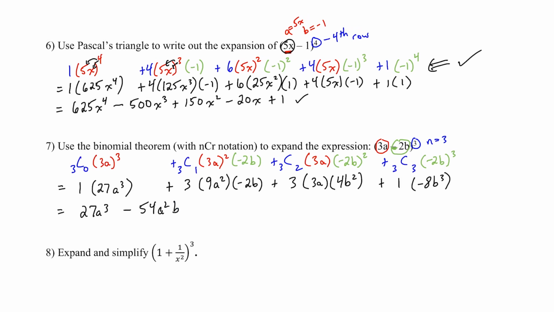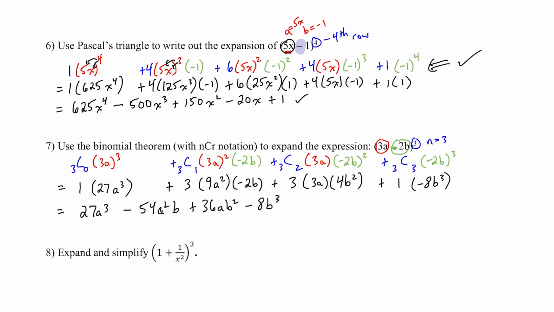Then 3 times 3 times 4 gives me 36ab squared. And lastly, we have 1 times negative 8b cubed, which is negative 8b cubed.